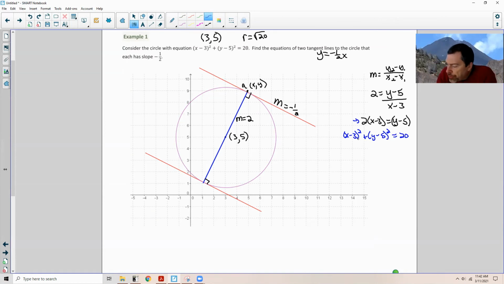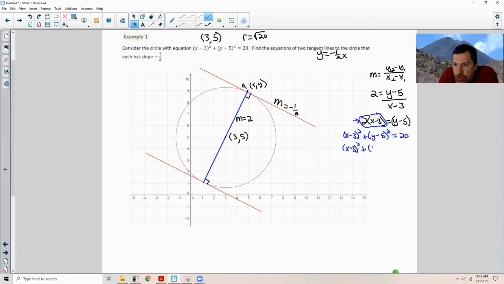So then I can substitute for y minus 5 and get it all in terms of x. So when I do that, I get x minus 3 quantity squared plus this squared. I want this to replace y minus 5 because y minus 5 equals 2 times x minus 3. So I'm going to put that in here and I'm going to square it.